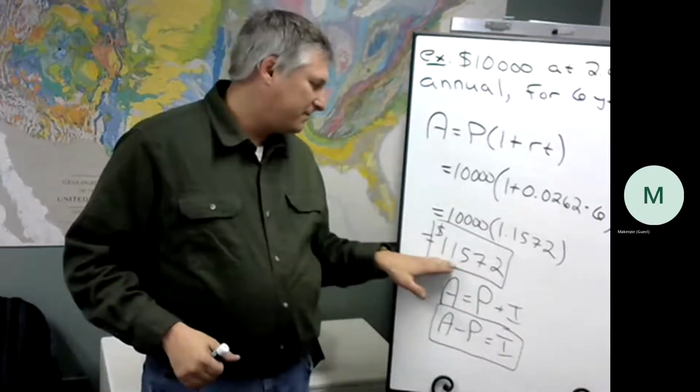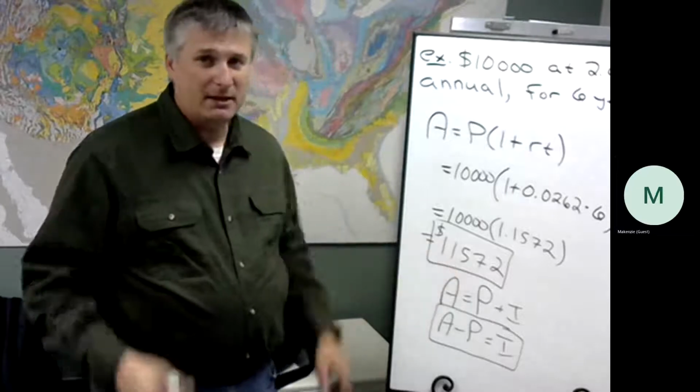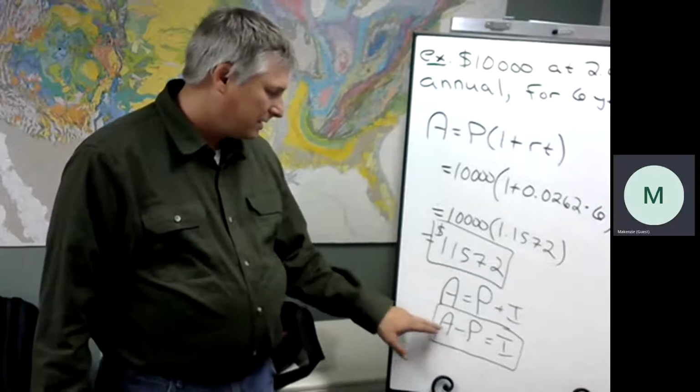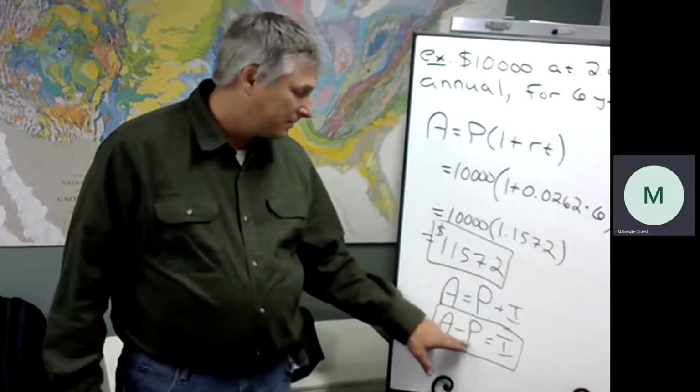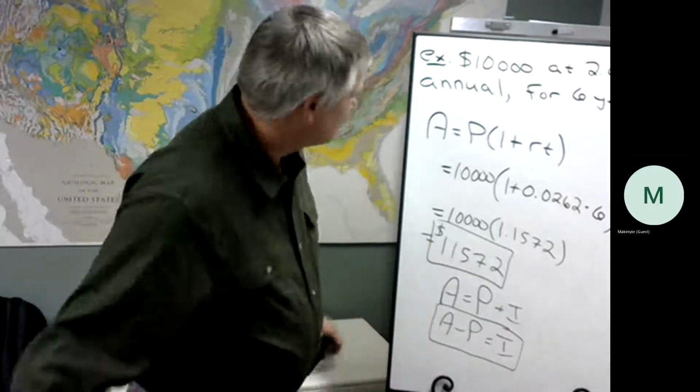So if we have the future value or the maturity value, we can find the interest by taking the total we just found, subtracting from it the principal. Now our principal was 10,000.